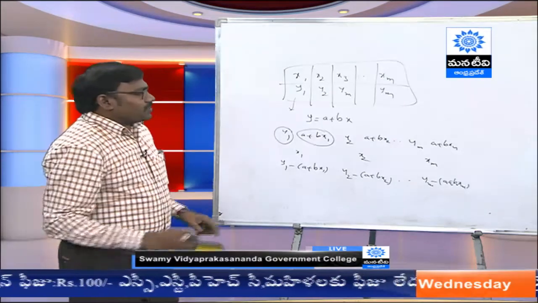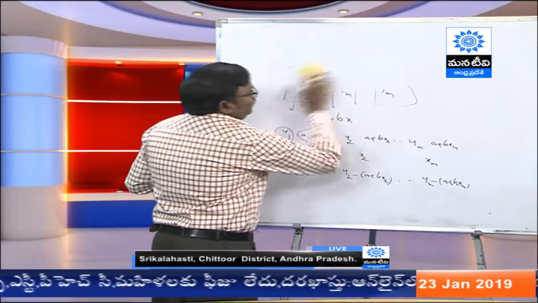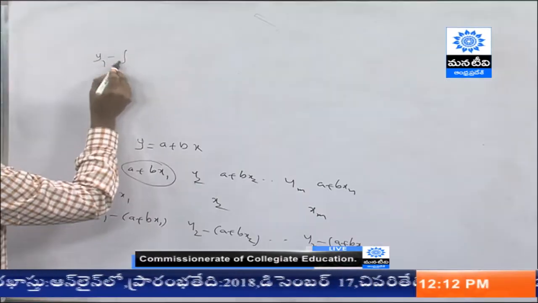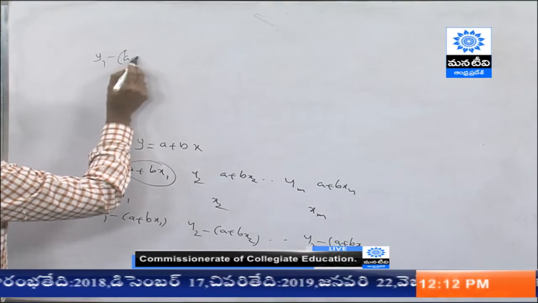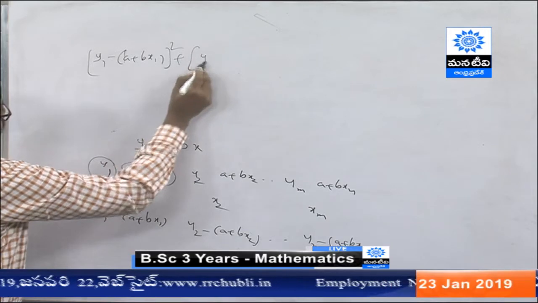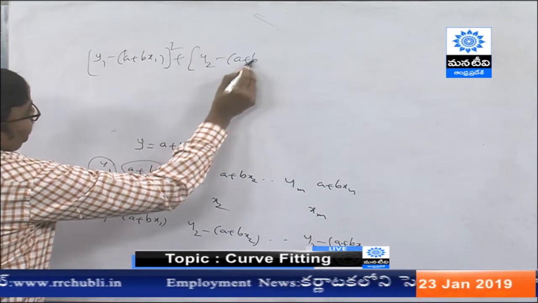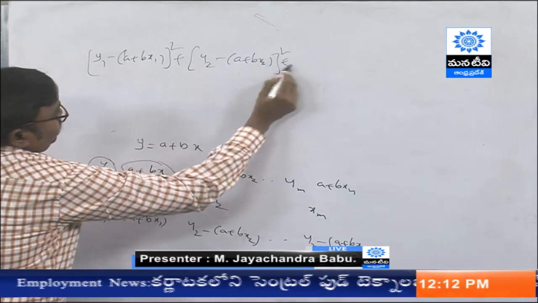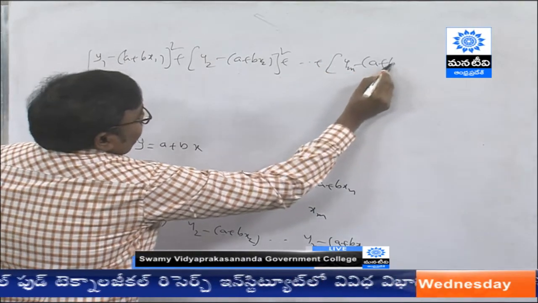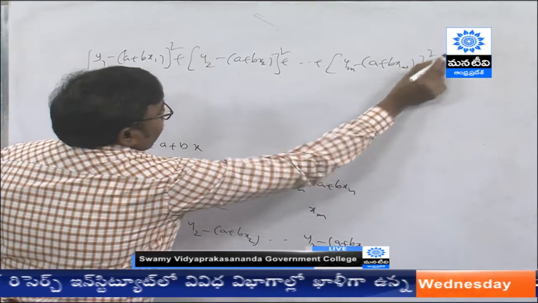The least squares method provides us a function which is to be minimized, that is, (y1 minus (a plus b x1)) whole square plus (y2 minus (a plus b x2)) whole square plus so on, (ym minus (a plus b xm)) whole square.